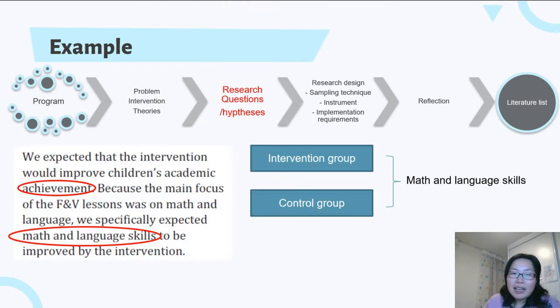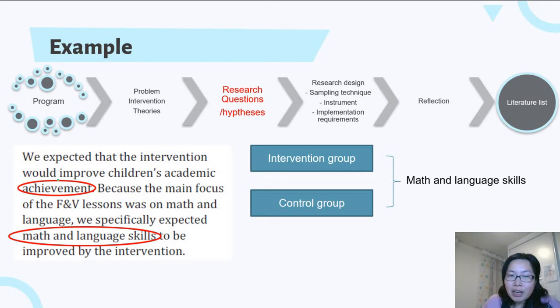Now, as I presented about how your essay can be organized, briefly talk about the program. This program is going to solve what kind of problem and how the intervention looks like, and based on what kind of theories. And then we can formulate the research questions or research hypotheses. Like in the current publication, they use a very specific research objective to show us what they are focusing on.